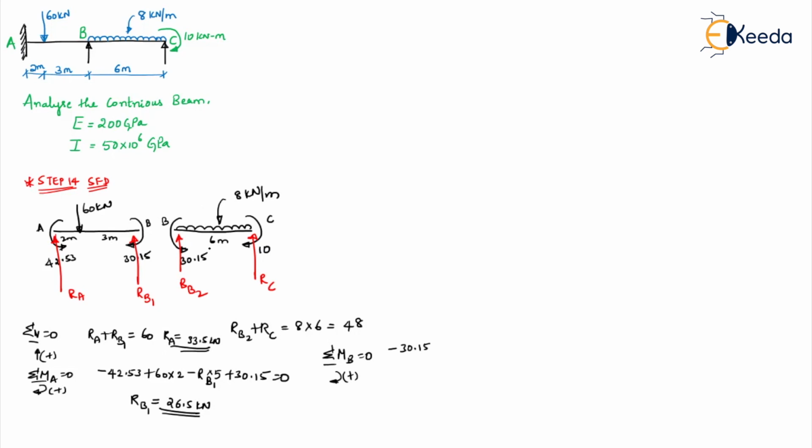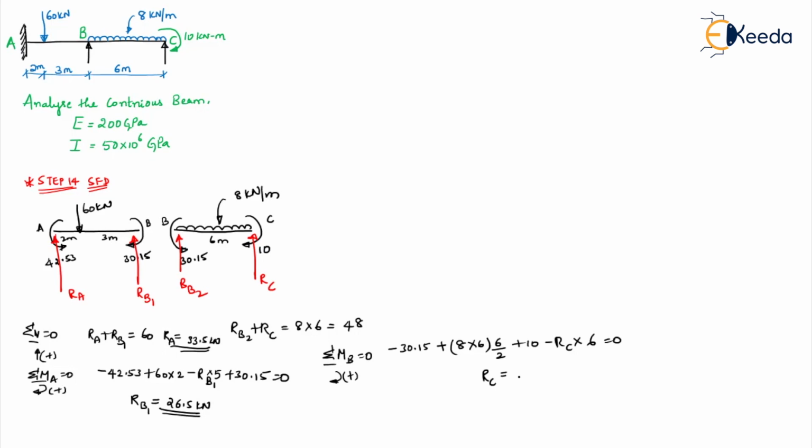Then coming to this UDL, it will have a clockwise moment, so how much is it? 8 into 6, and it will be at 6 by 2. Then coming to this, it is also clockwise, so plus 10. Moment should not be multiplied by any perpendicular distance. Coming to RC, this is anti-clockwise, so minus RC into 6 equal to 0.